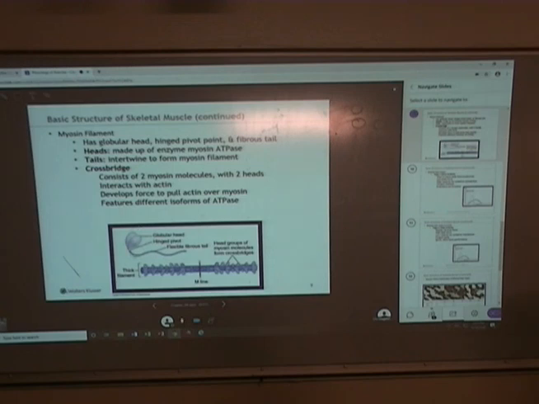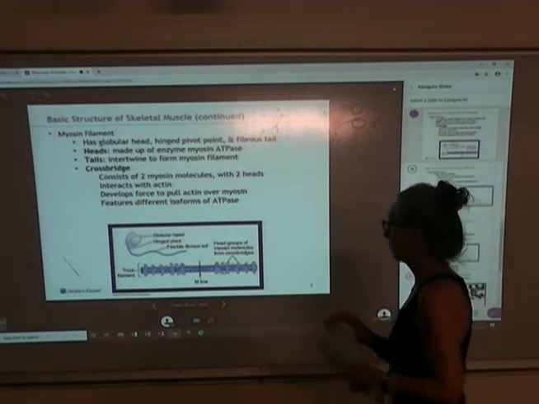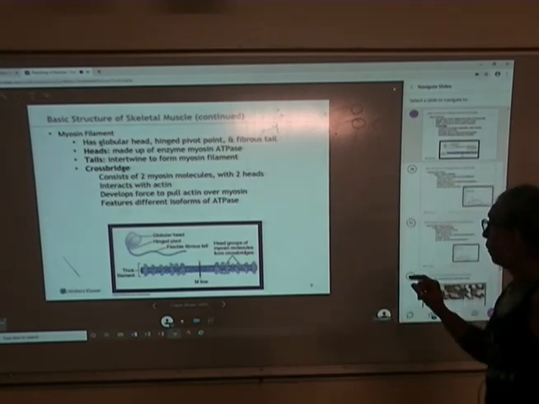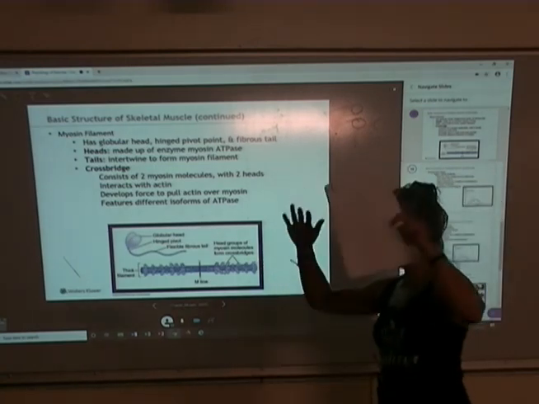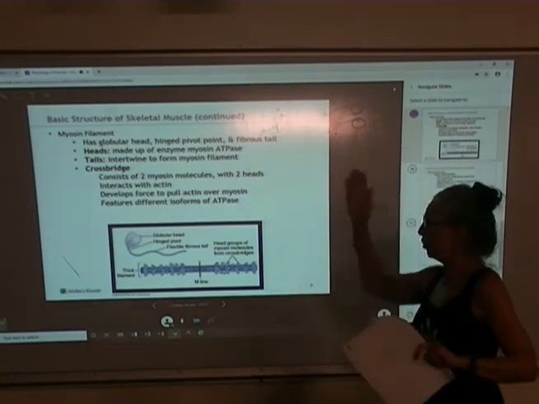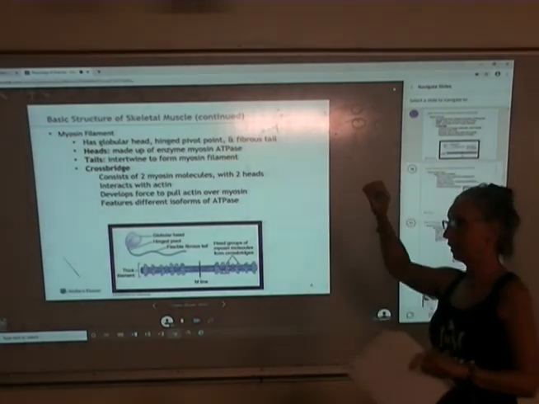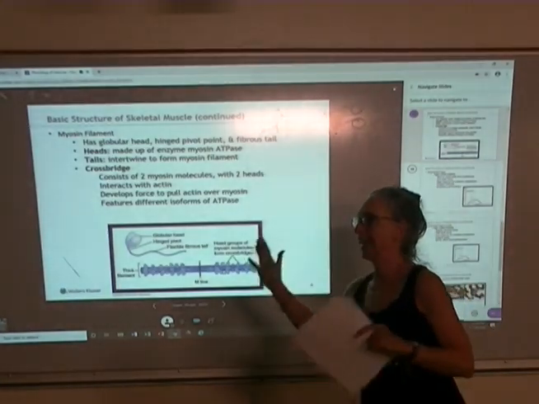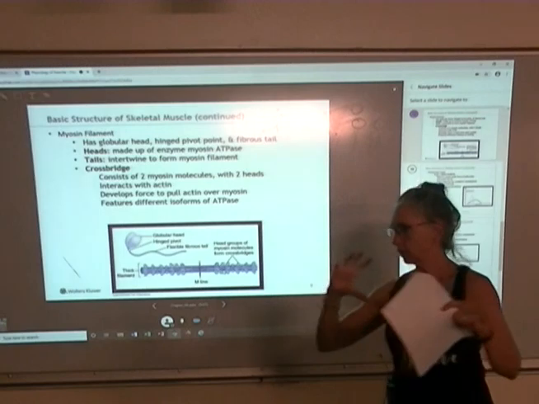The tail kind of wraps around its neighbor and its neighbor's neighbor. So we end up with a thick filament with all these little heads sticking out of it, right? And the body of the filament is all the tails wrapped together. Right? So this idea of the head sticking out and the hinge joint attaching the head to the tail is important because that's where we get the shortening of the sarcomere from.